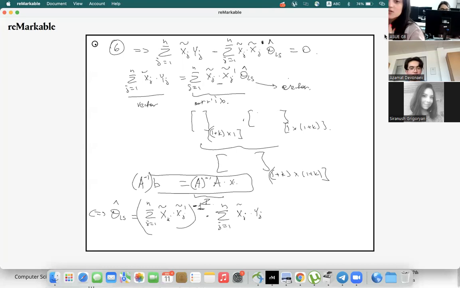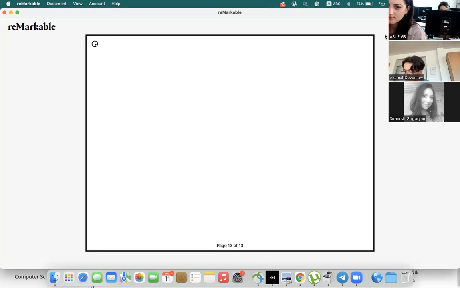This is it. Inversion. Yeah, we inverted this thing here, right? So the whole point was to show the formula for alpha LS and beta LS.